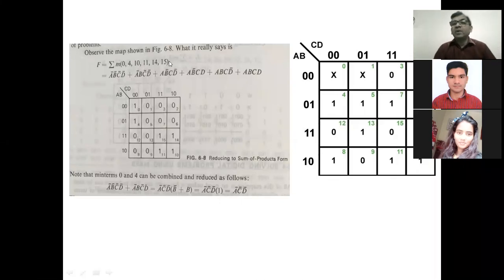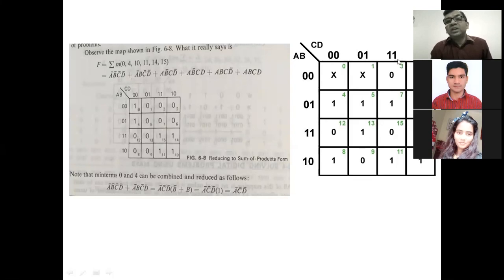In some books, some authors have represented this K-map for 4 variables. If there are 4 variables in a K-map, it means there will be 16 squares. That square can be represented as, look at 0, 1, 3, 2.